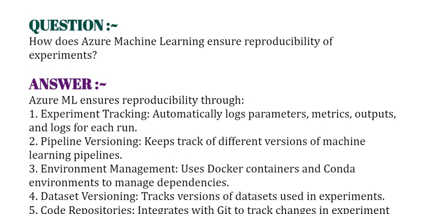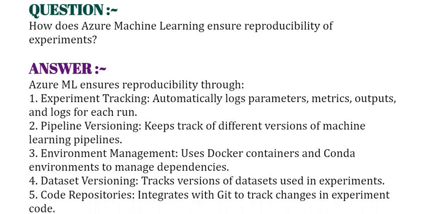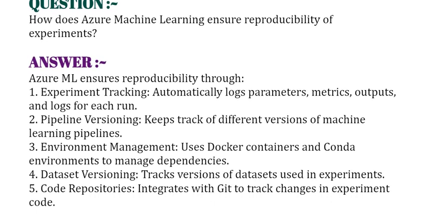Our next question is, how does Azure Machine Learning ensure reproducibility of experiments? Your answer should be, Azure ML ensures reproducibility through experiment tracking, which automatically logs parameters, metrics, outputs, and logs for each run. Pipeline versioning.